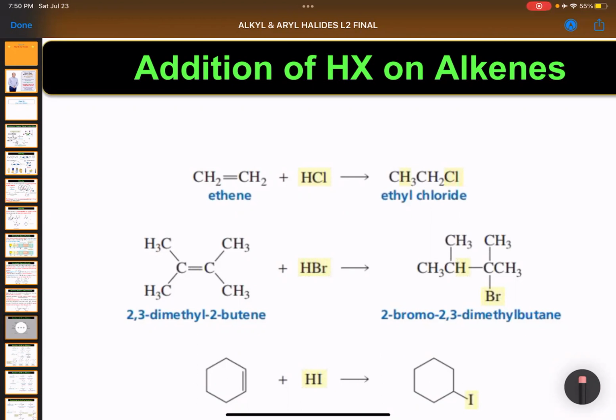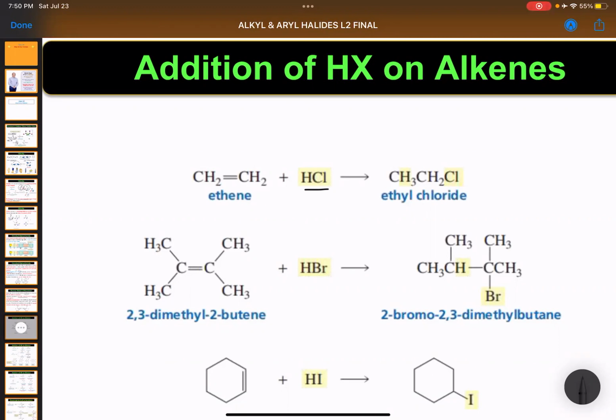What are the intermediates involved during the addition reaction? We need to look into detail. Simply, if HX is given, then it is an electrophilic addition reaction. So what is the mechanism for this addition? Mechanism means, you know what is mechanism?